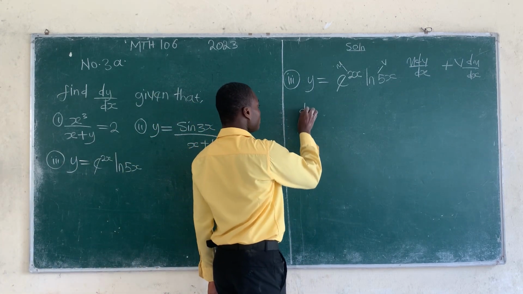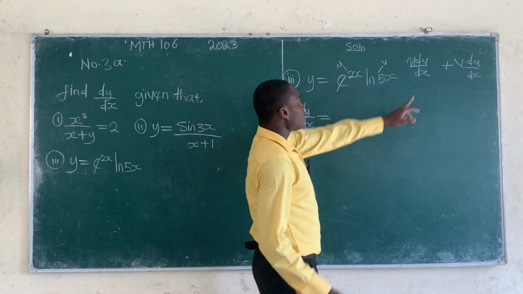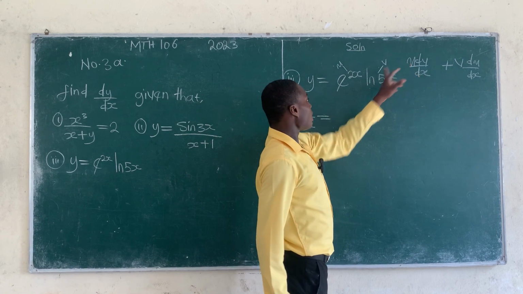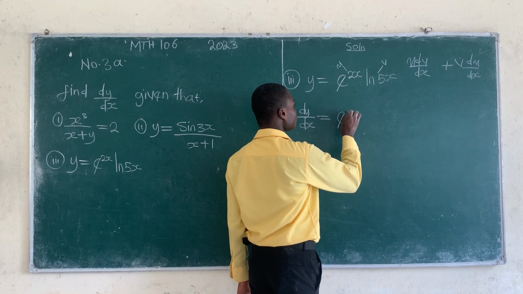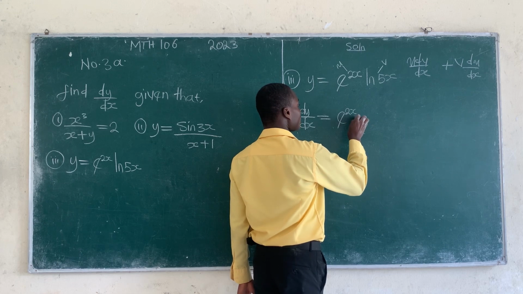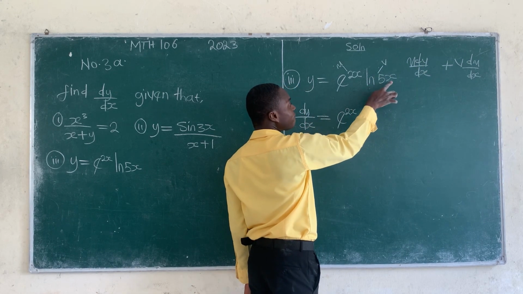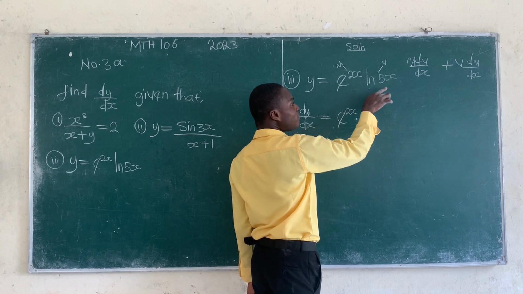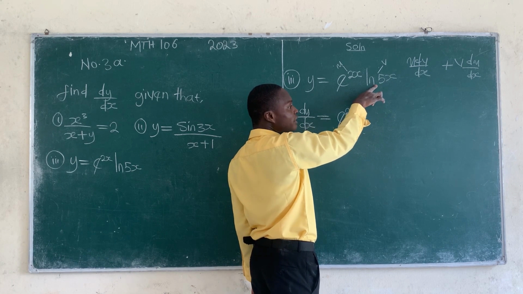We have dy/dx equal to u, and our u is exponential 2x, times dv/dx. This is our v, ln 5x. So dv/dx simply means differentiate v. How can we differentiate ln 5x?